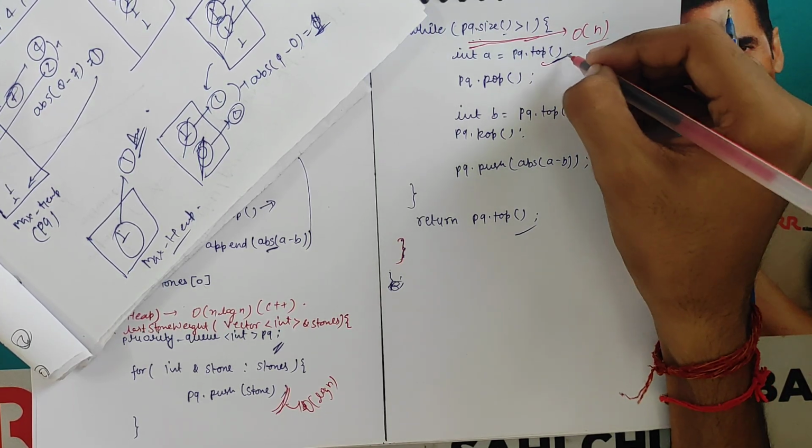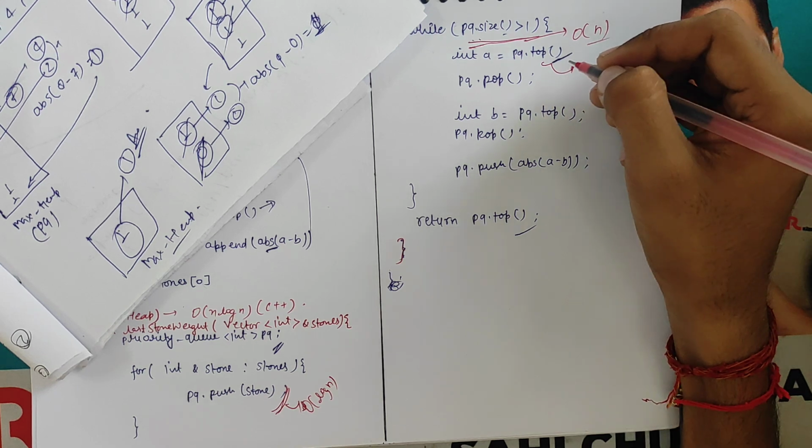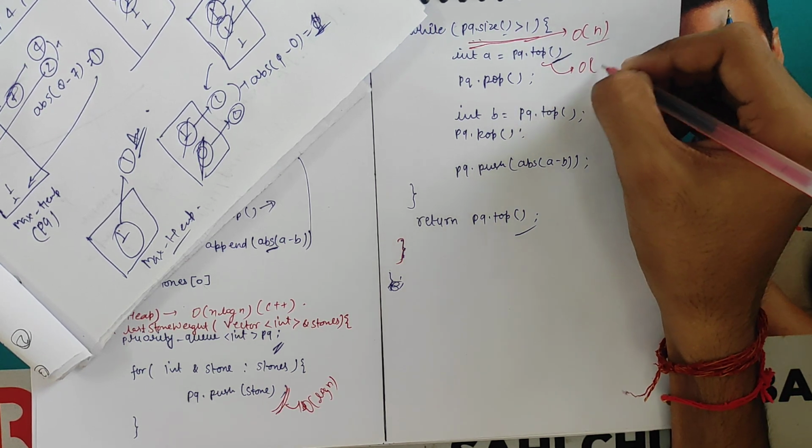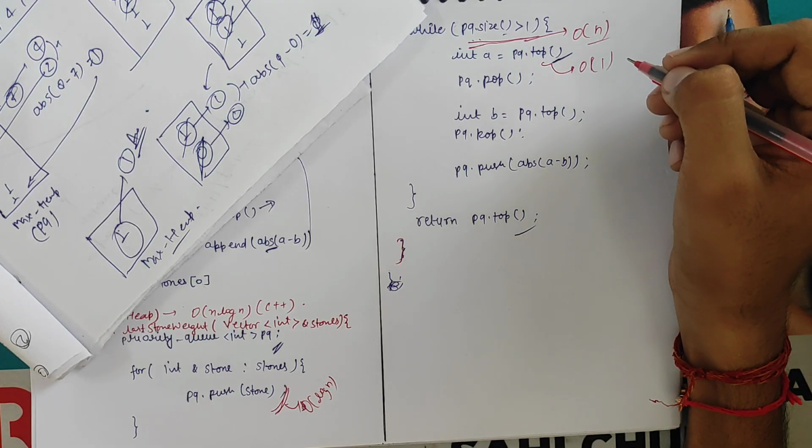And every single operation, selecting the topmost element and popping the element out, contains big O.